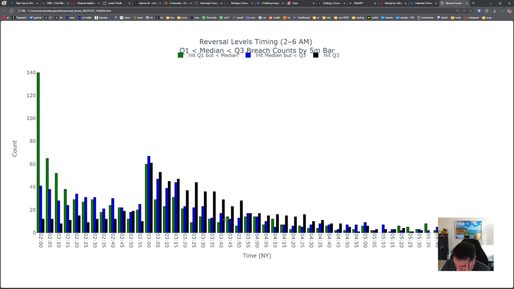And then after 330, you see these levels reduce. Then you should not expect a reversal from a Q1 touch. So then the bias becomes much clearer.